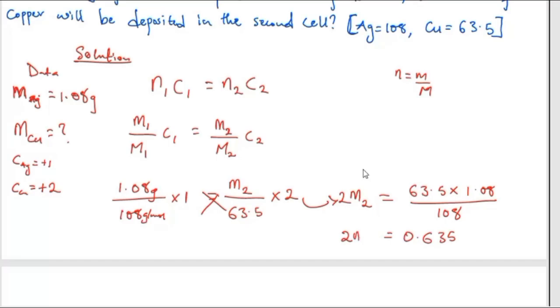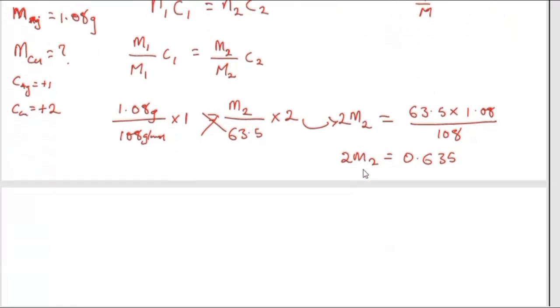So 2M2 is equal to 0.635, and that will mean M2 is equal to 0.635 divided by 2, which is equal to 0.3175 grams.